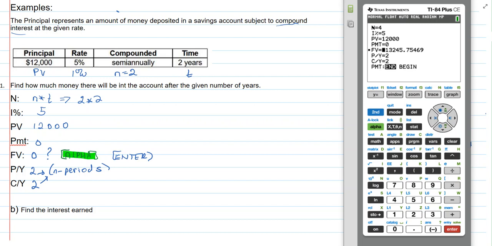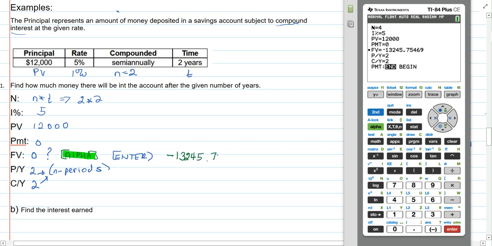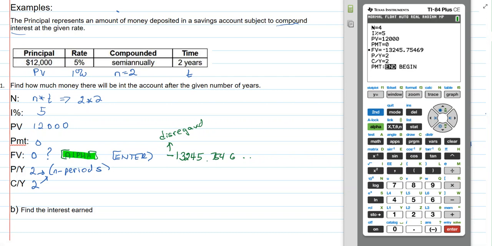All right. So we see this value, and we see it as negative. Disregard this. It's in the future, and unknown. If something else happens, that you might want to take out that money for whatever reasons.